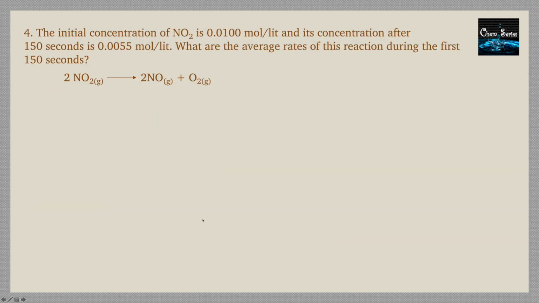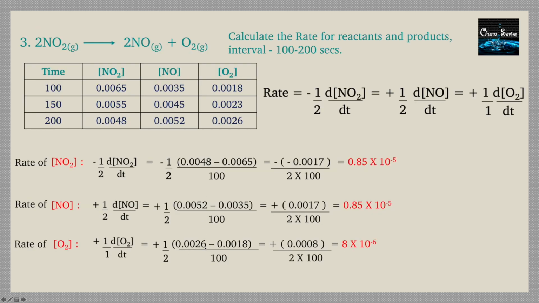So 0.0026 minus 0.0018 divided by 100, your change in time, that is equal to plus 0.0008 divided by 2 into 100, and your answer will be 8 into 10 power minus 6. And you can see here the rate of the reactant and the rate of the two products are the same. This can also be written as 0.8 into 10 power minus 5, right? The rate of O2. So this matches the formula.